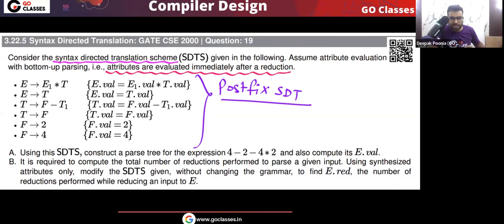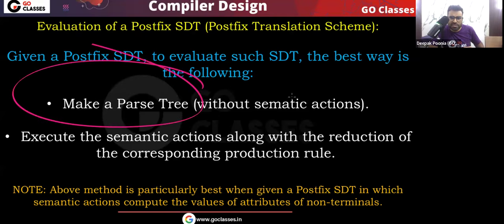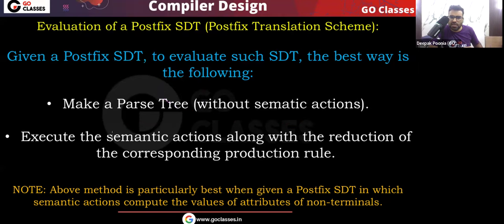So let's focus on part A. You can see the given SDT is actually a postfix SDT because all the semantic rules are placed at the right end of the production bodies. And for a postfix SDT, how to evaluate it? The method we have already seen is very simple. Make a parse tree without semantic actions.